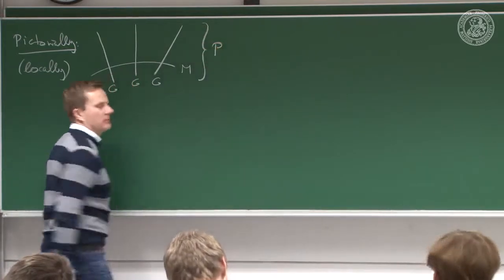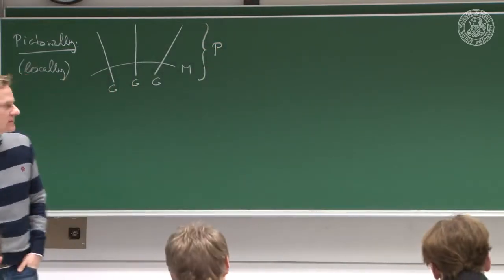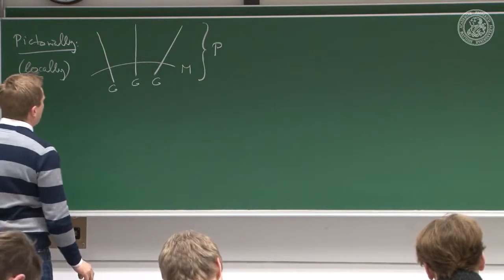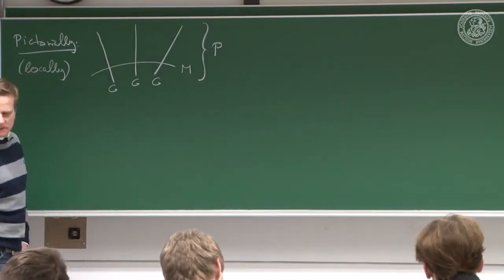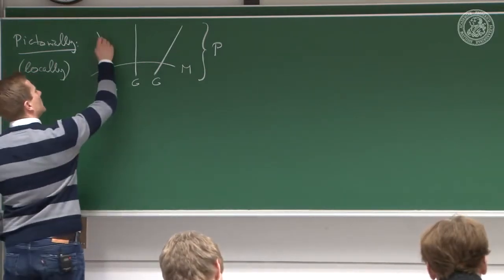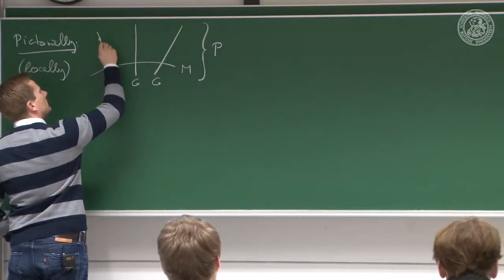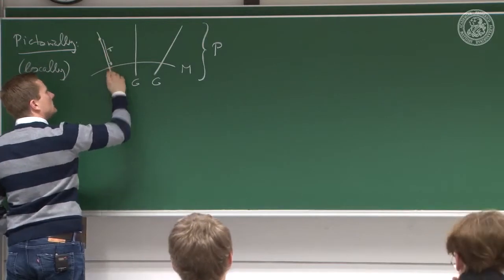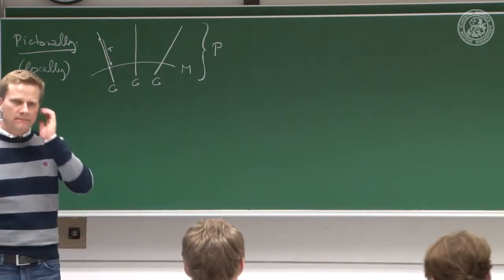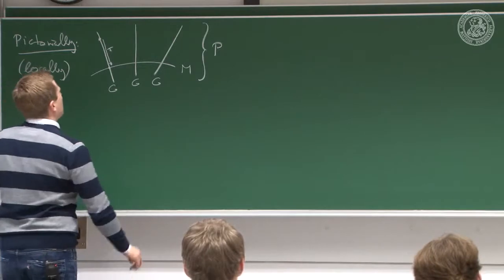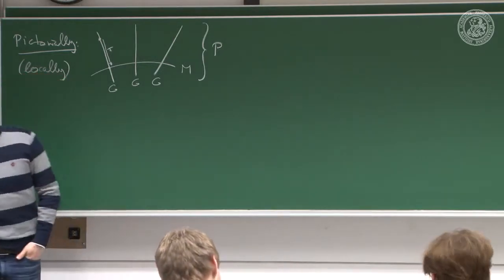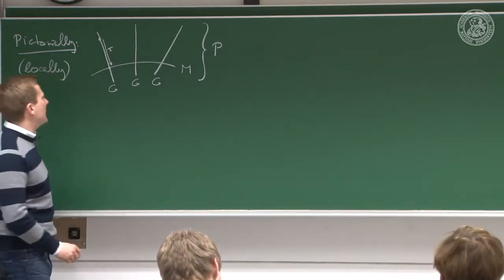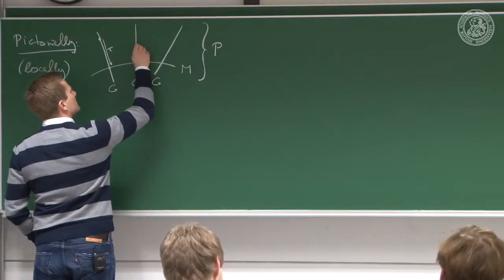So a principal bundle locally looks like this. And now let's think, what does the pi projection map do? It takes a point from here and projects it down to the base point. And now the question is, what is the vertical subspace at a point P here, for instance?